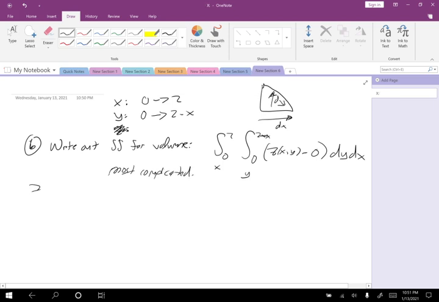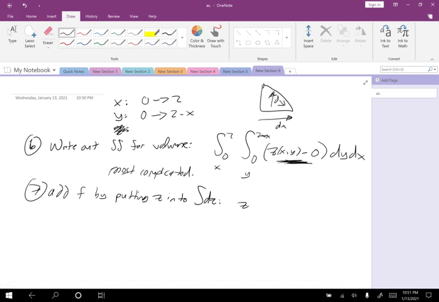So now we just add f, by putting z into an integral. You don't have to do this. This is just an extra thing that might help you get a feel for what's going on.